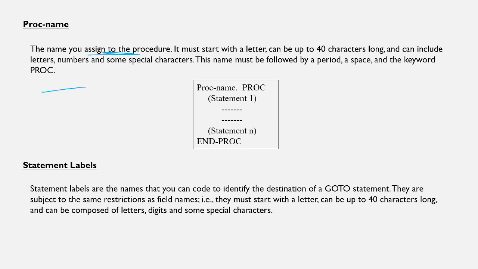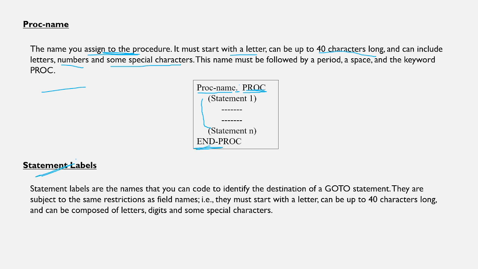It must start with a letter, it can be up to 40 characters long, and can include letters, numbers, and some special characters. The name must be followed by a period, then a space, and then the keyword PROC. Inside this we have a number of statements, then we end it with END-PROC.